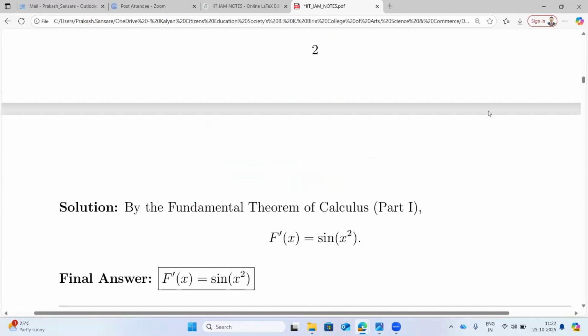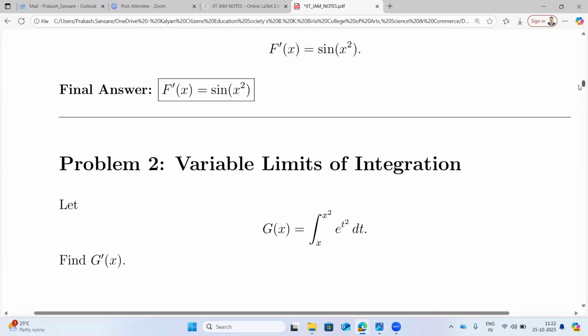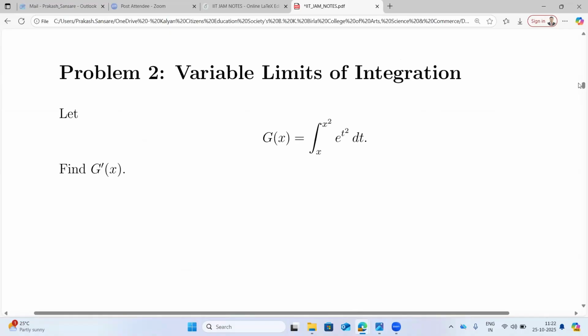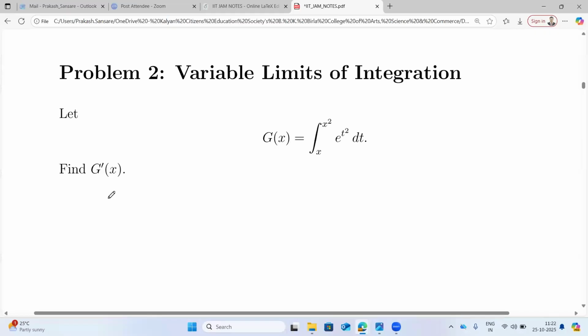So maybe I have also solved here this final answer. So what if I have a variable in the limit, x and x square? Can you recall that Leibniz rule which I have stated?